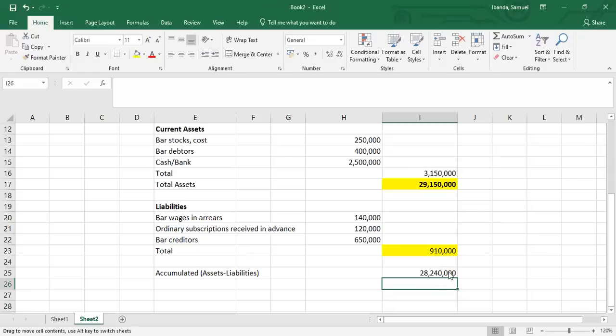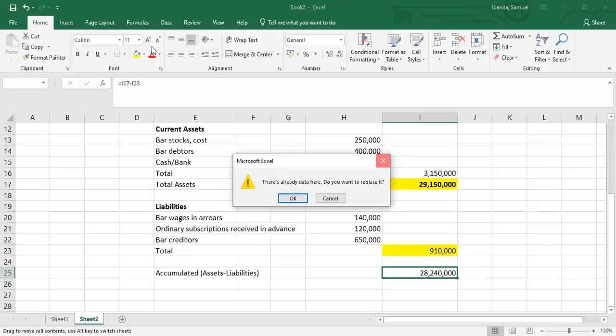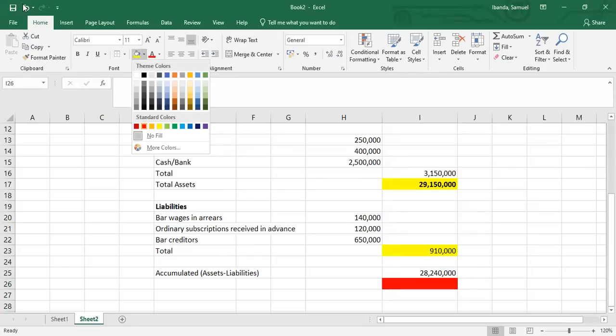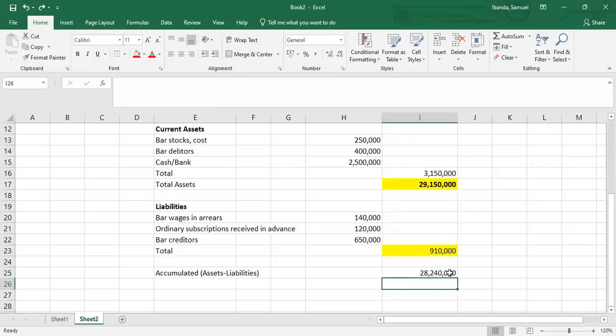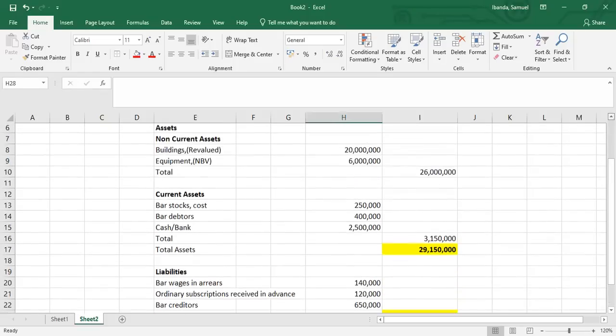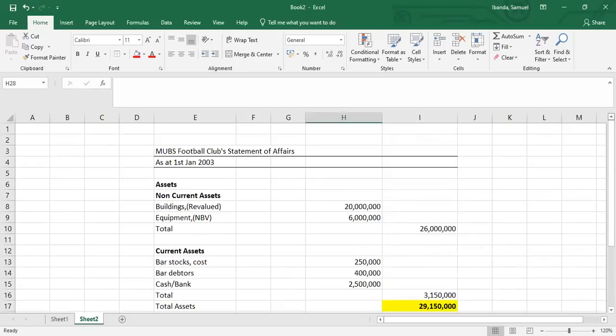So this is what we are looking for. No matter where you write this amount, it's the same principle. So that's how you calculate your accumulated funds at the start of the financial year.